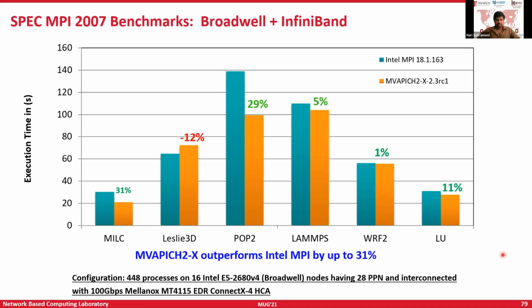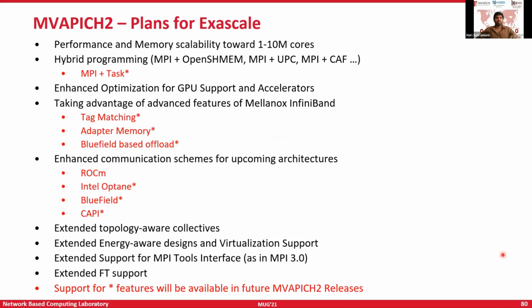With this, we come to the end of our tutorial, and let me conclude with a brief discussion about the future plans for MVAPICH2 for exascale. So far we discussed a lot of things that we had introduced as part of our current work. I want to give a brief glimpse of what is coming in the future.